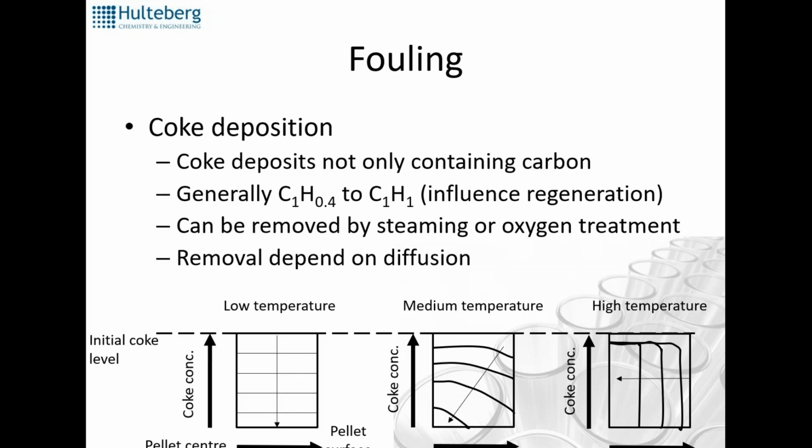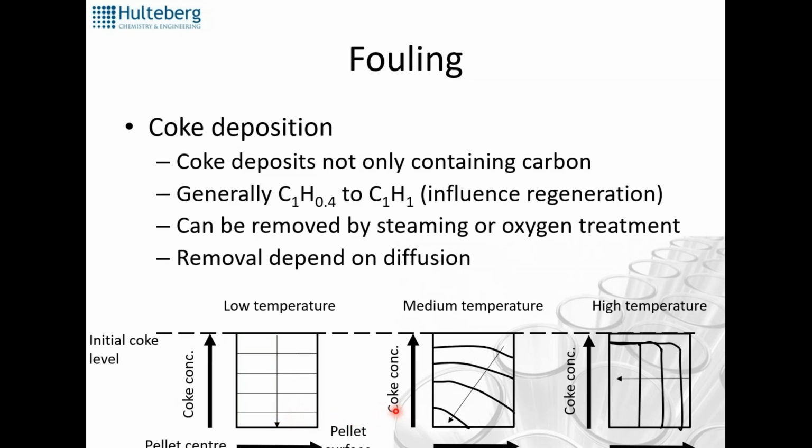Depending on the temperature, you will actually see a different behavior of the removal if you look at where you are in the pellet. So if you have pellets and you have the pellet surface here and the pellet center here, so this is a radius, and you have a certain concentration of carbon. If you do this at low temperature, you will have no influence of gradients and you will have a very even removal of the carbon all the way down.